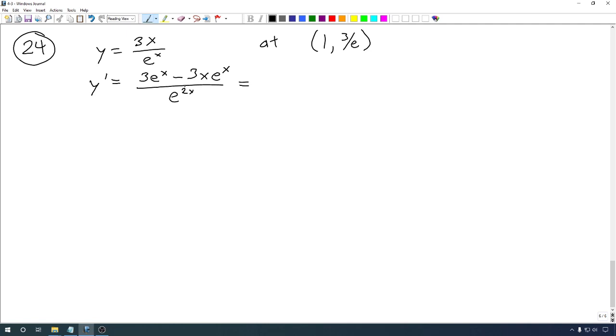But actually, everything has a factor of e to the x in it. We can essentially cancel an e to the x from both these terms on top with one of the e to the x's on the bottom. Remember, this is e to the x times e to the x. So really, we can write this as 3 minus 3x over e to the x. You could even pull out the 3 if you want to.